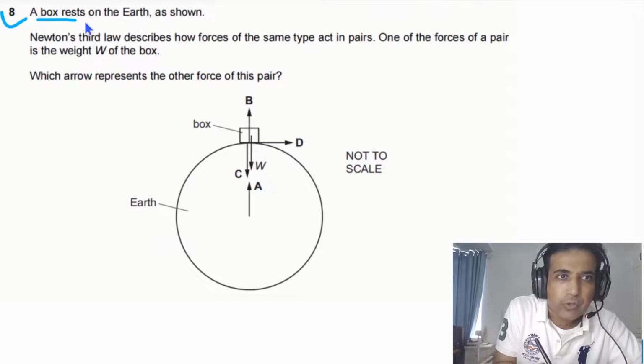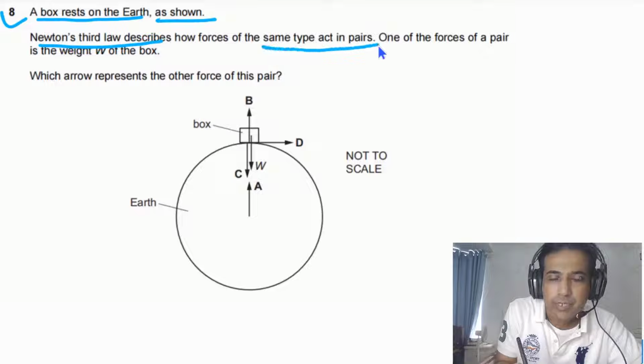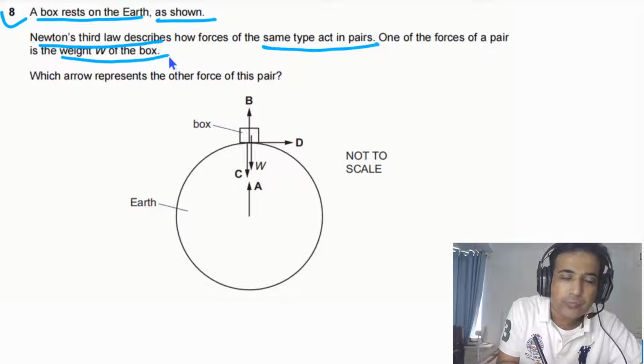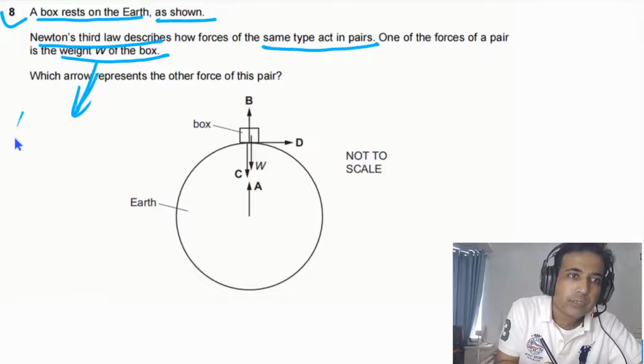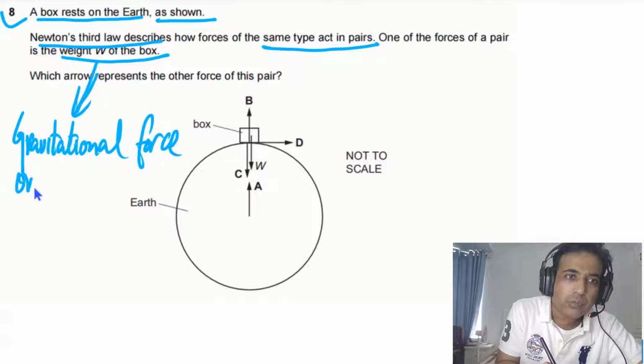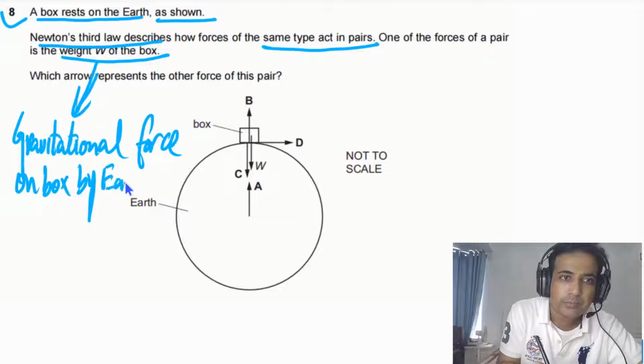Question 8 says a box rests on the earth as shown in the figure. Newton's third law describes how forces of the same type act in pairs. One of the forces of a pair is the weight of the box. Weight of the box is the gravitational force on the box by earth.